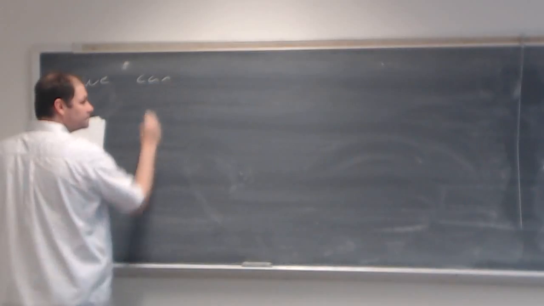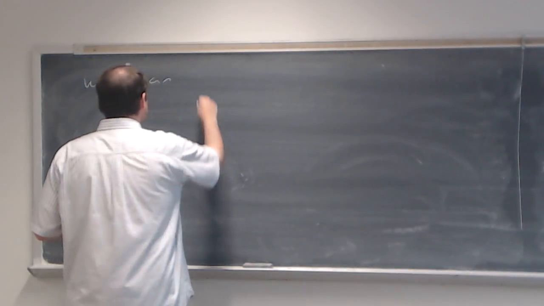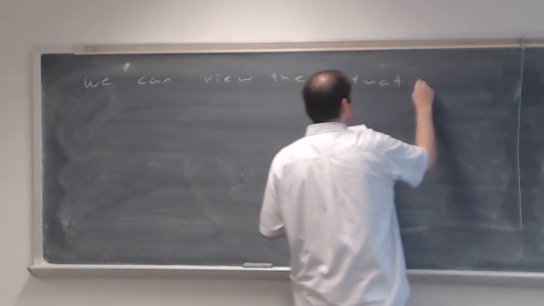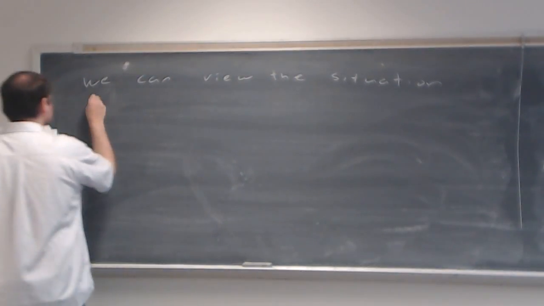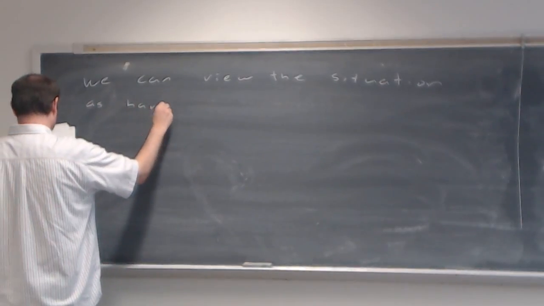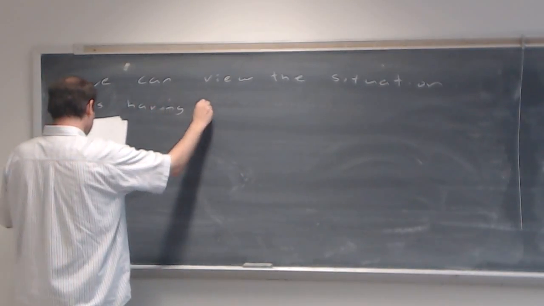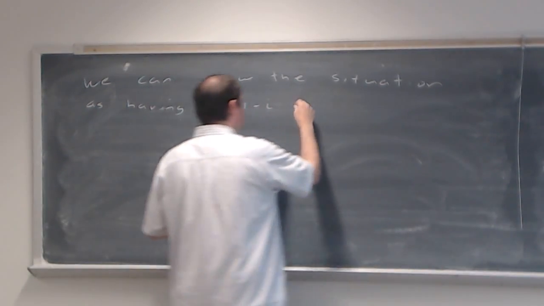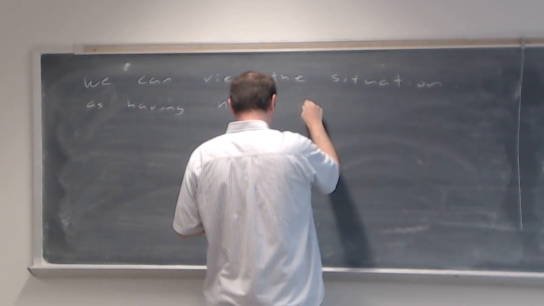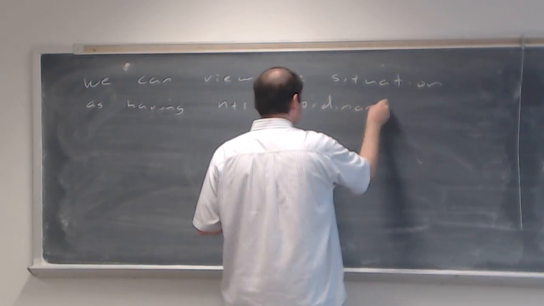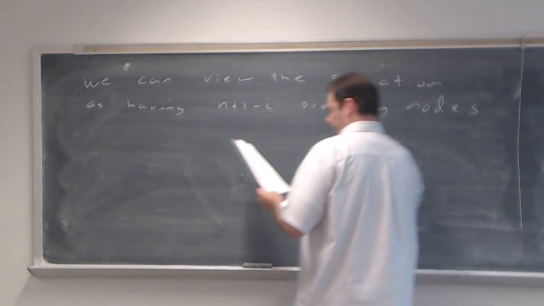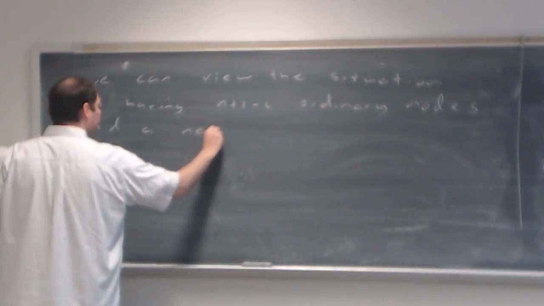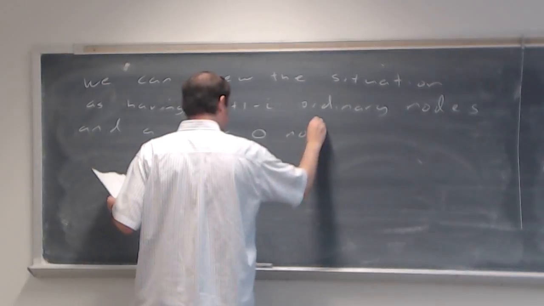We can view the situation as having n plus 1 minus I new ordinary nodes and a new 0 node.